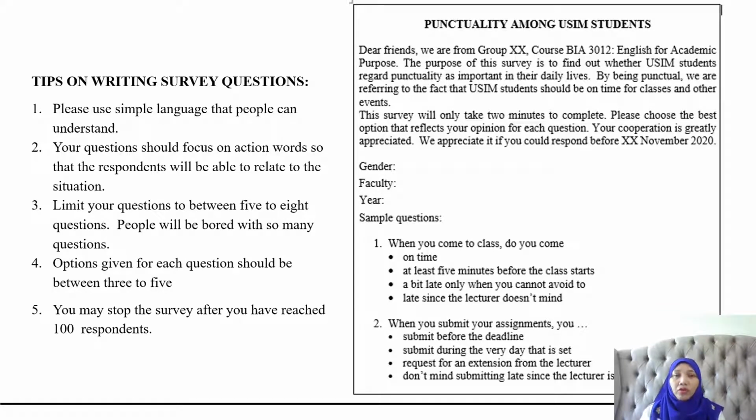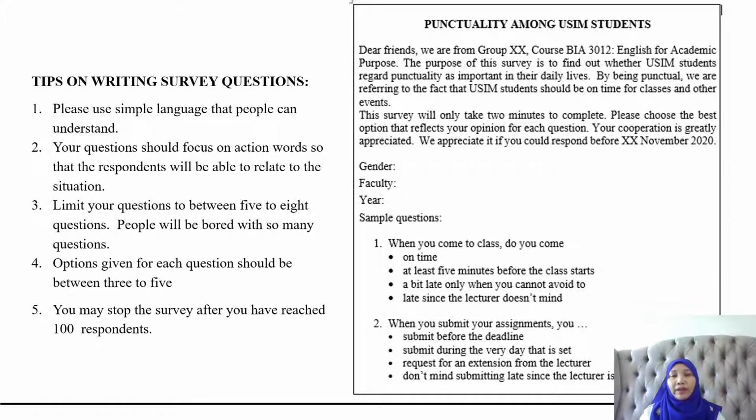Alright, so your question should correspond to the research question that you have. Remember, for every topic there are 3 different questions, right? What are the factors, what are the impacts, and one more is recommendation. So when you develop survey questions, they need to correspond to all these research questions.